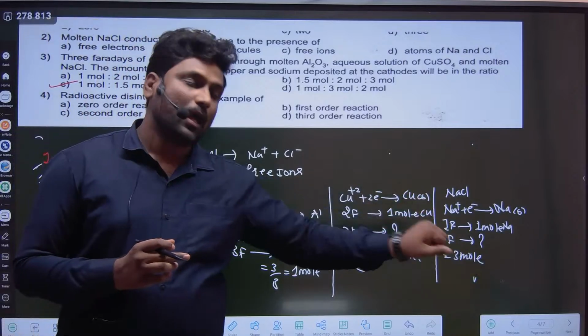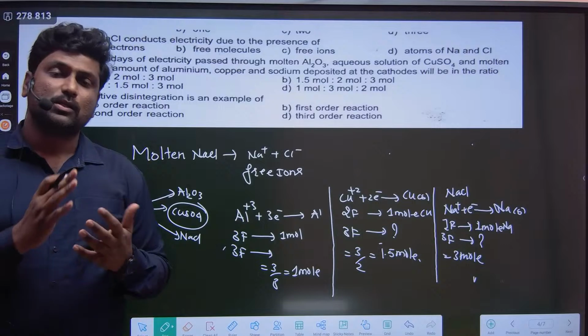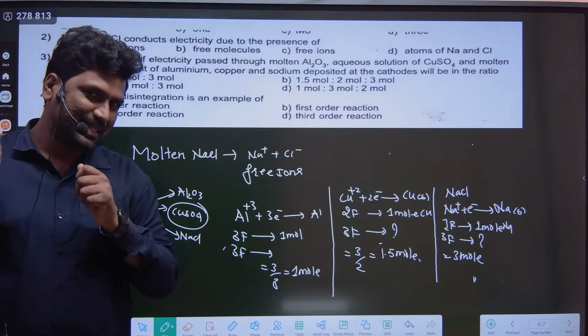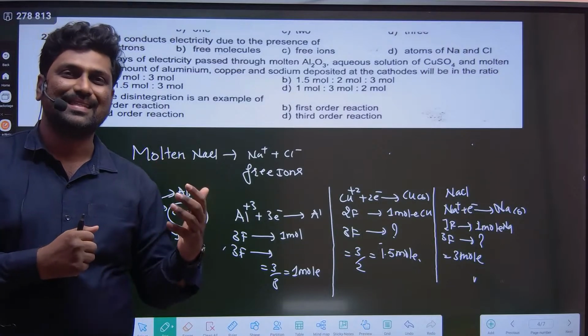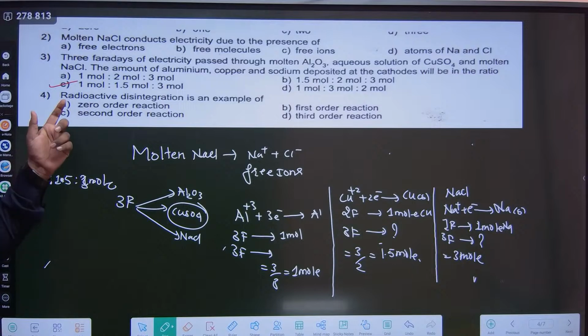In the same way, 3 moles of sodium is deposited when we pass 3 Faradays of electricity through NaCl in a molten state. So this is about question number 3.